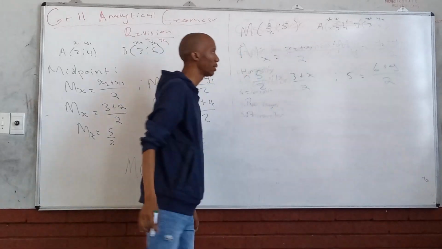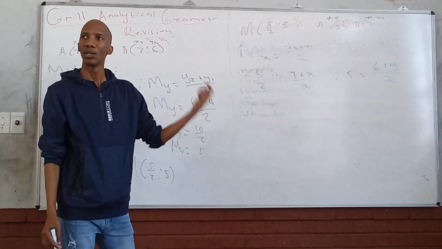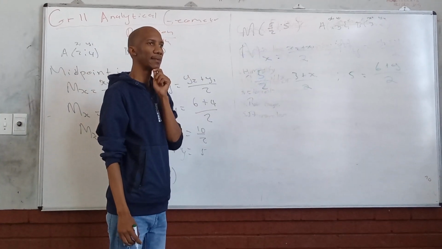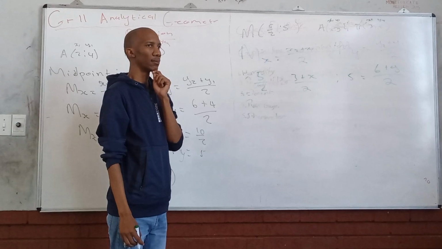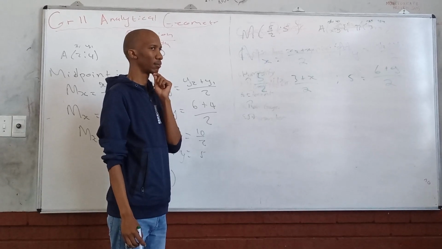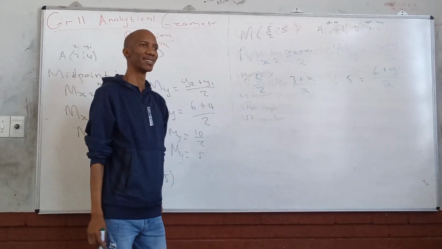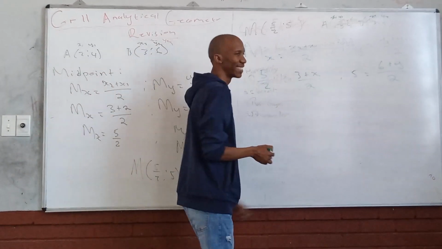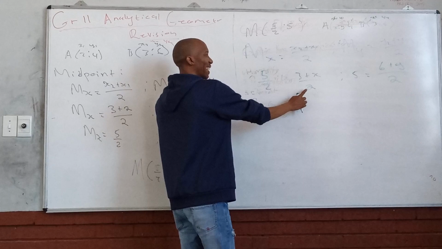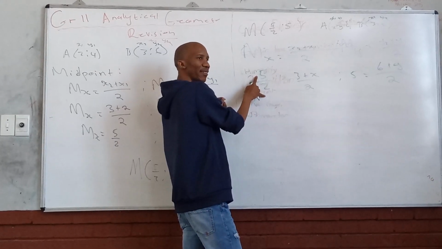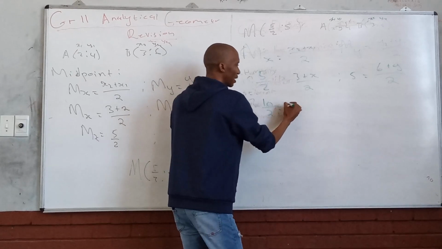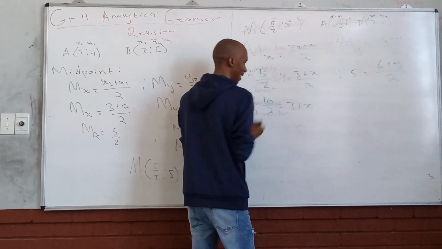Then we simply cross multiply, but don't take this one to that side, please. We do what we have been doing. 2 multiplied by 5 over 2 is 5, equal to 3 plus x.